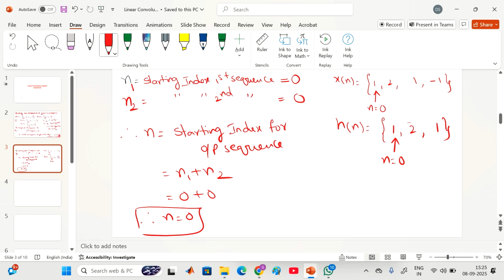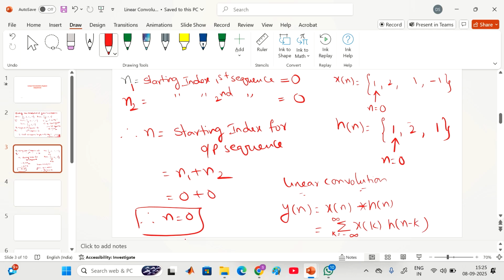So, in the linear convolution formula, we have the output sequence y of n equal to x of n convolved with h of n. Now, summation of k equal to minus infinity to plus infinity, x of k, h of n minus k.